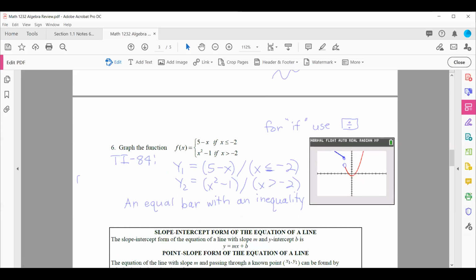An equal bar with an inequality tells you to put a closed circle at the point.